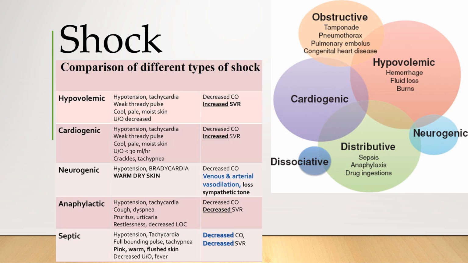When we're dealing with somebody in septic shock and we're looking at treatments for it, we're going to give O2, normal saline boluses, norepinephrine, cultures, blood and urine cultures, and then the antibiotic.